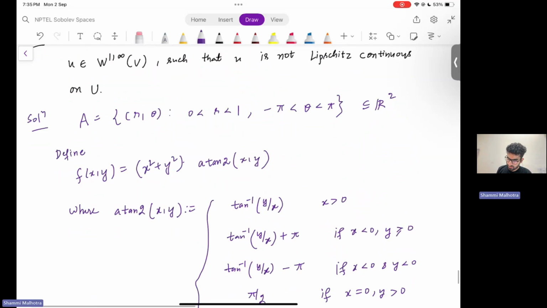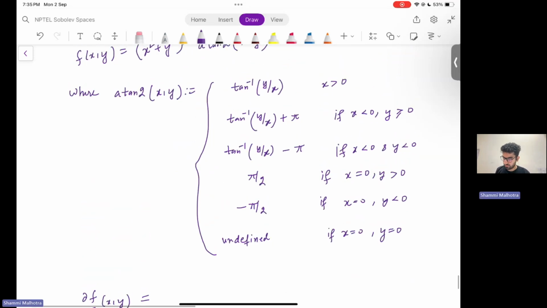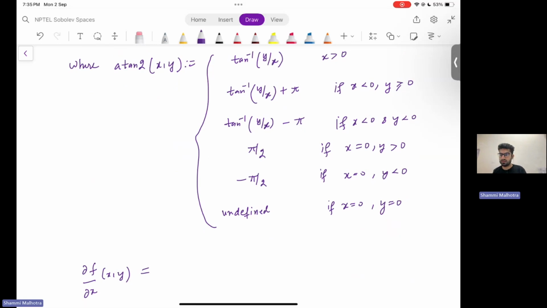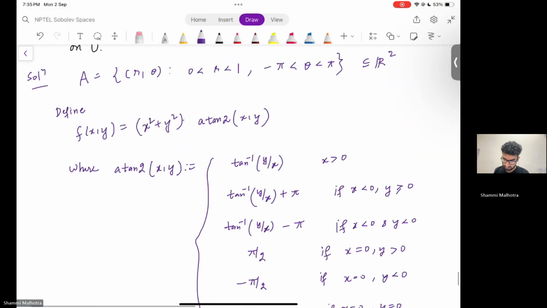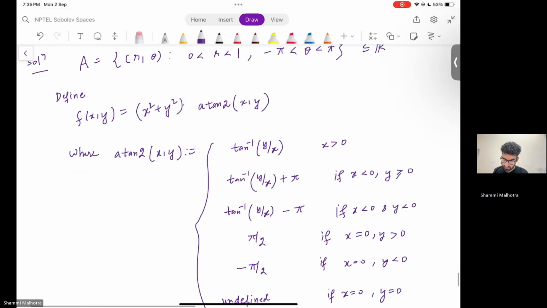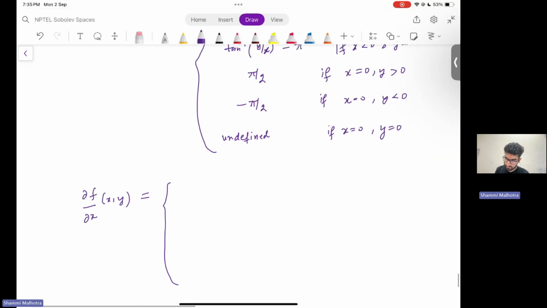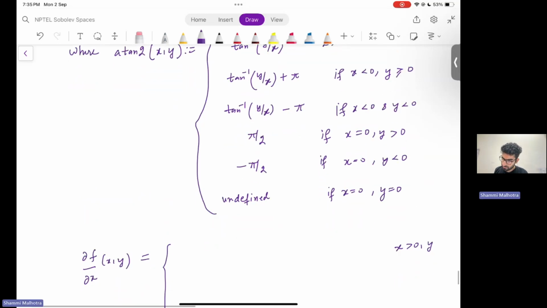We only need to consider the partial derivatives in the four quadrants, not considering the boundary of the quadrants, so basically the x and y axes. First, we have the case whenever x is positive and y is anything.